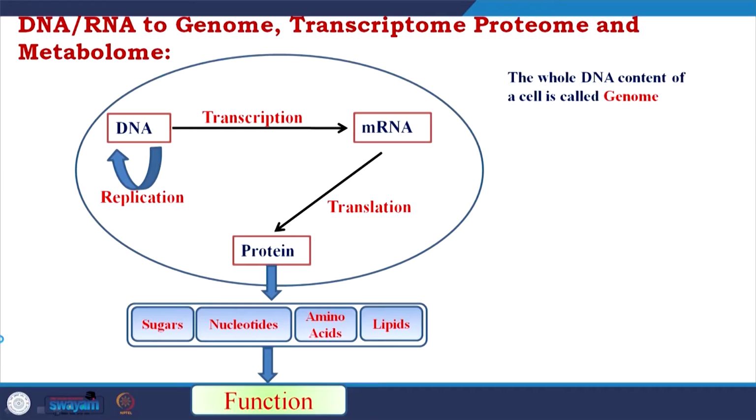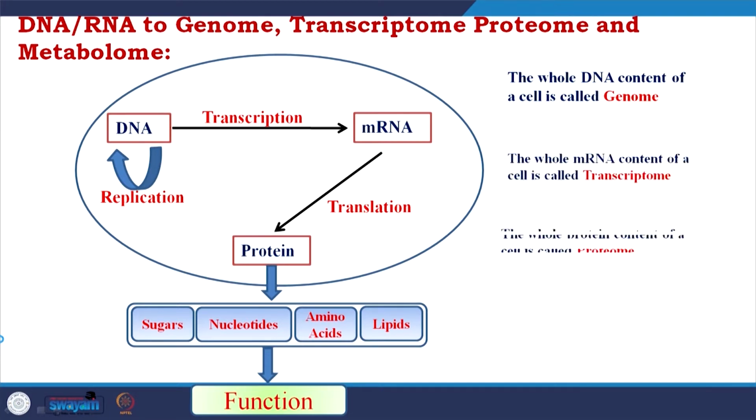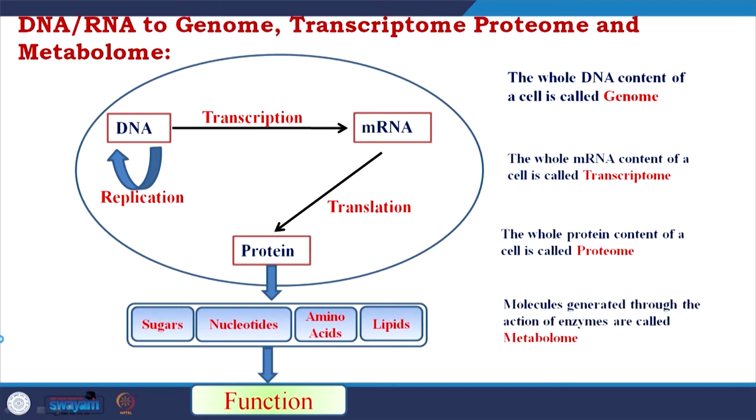Now, the whole DNA content of the cell is called the genome. The whole mRNA content of the cell is called the transcriptome. The whole protein content of the cell is called the proteome, and the molecules generated through the action of enzymes are called the metabolome.